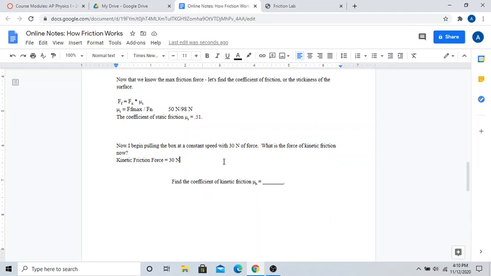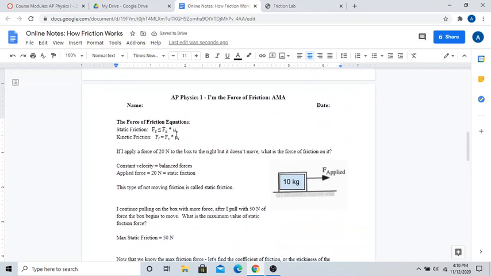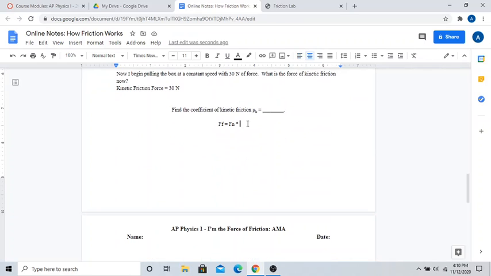So if the kinetic friction force is now 30 newtons, again, we're going to use our new formula. It says find the kinetic coefficient of friction. We use the same formula as before: FF equals Fn times a little weird mu, and this time it's mu k. Now, you're going to solve for it just like we did before.